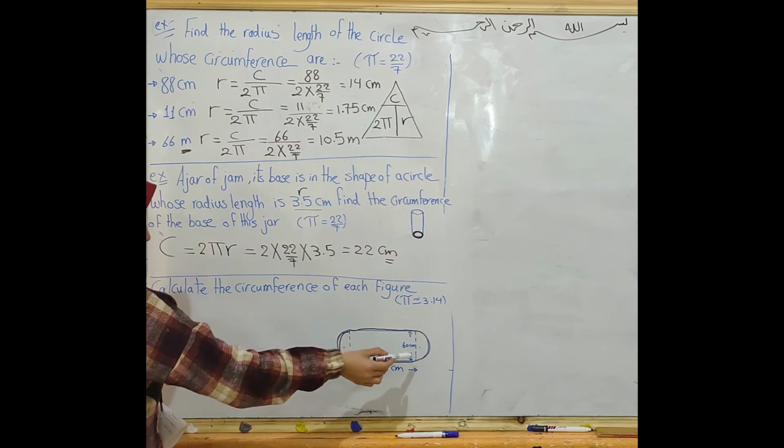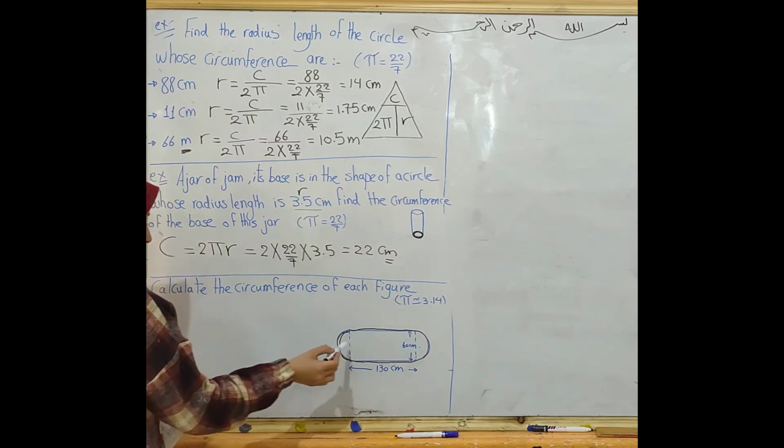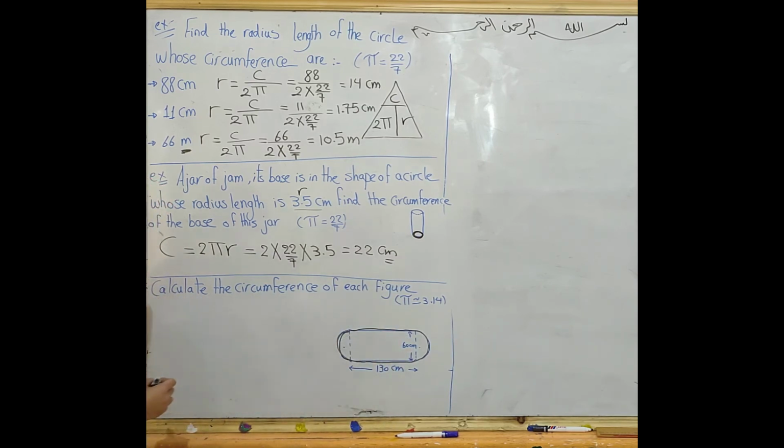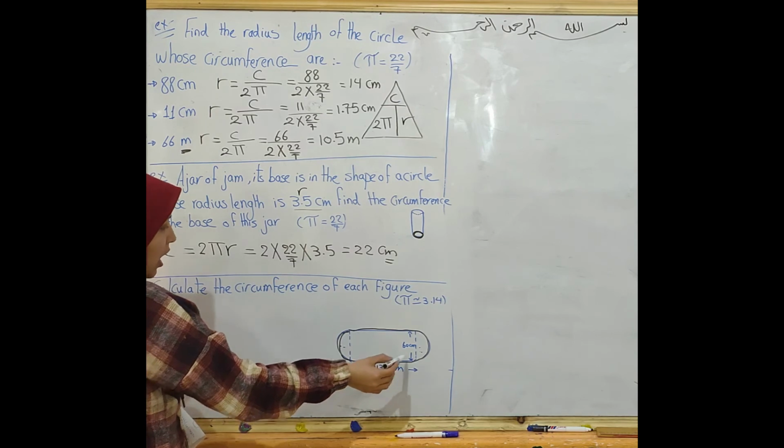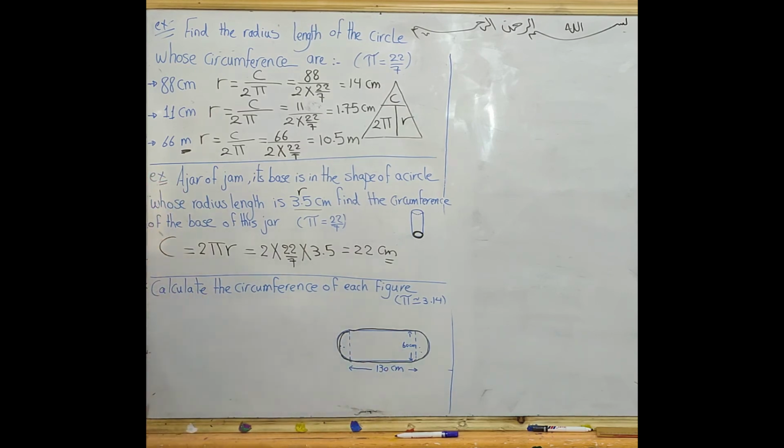These two halves have the same diameter, 60 centimeters, and this is 60 centimeters. We know that if we have two halves, that means we have a complete circle.